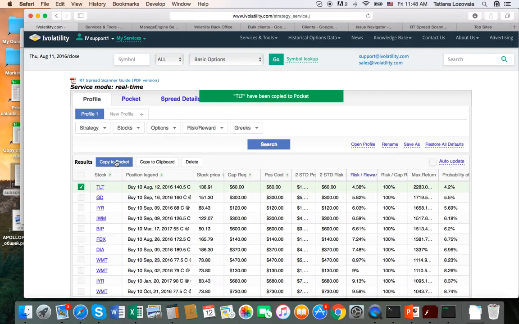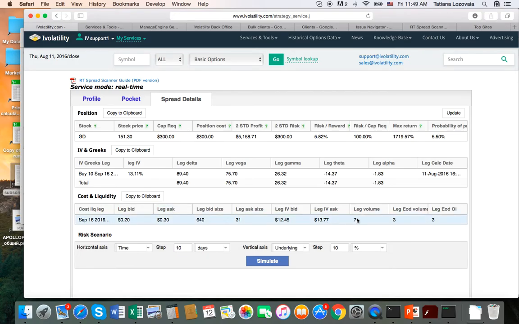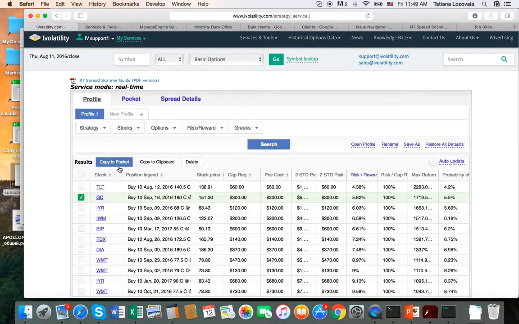I click copy to pocket and I will have a look at it later. Now let's click another one. Okay, so its volume is 7, end of the day volume is 3 and open interest is 3. Okay, it's too small. We don't want to look at it further.